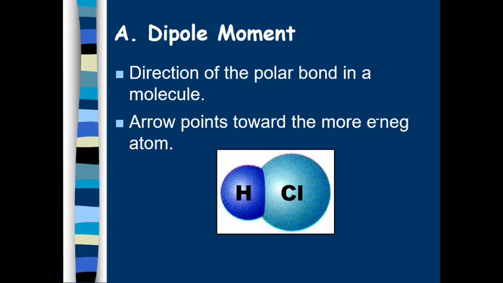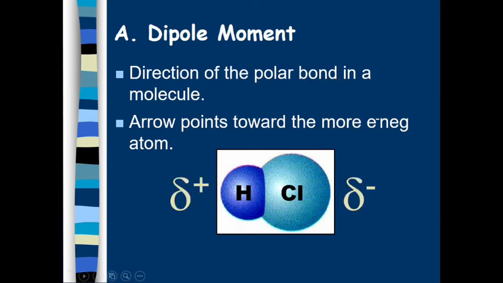We use the symbols for the partial positive and the partial negative, and the symbol that we're going to use for a dipole looks just like this, and the arrow points towards your more electronegative atom.